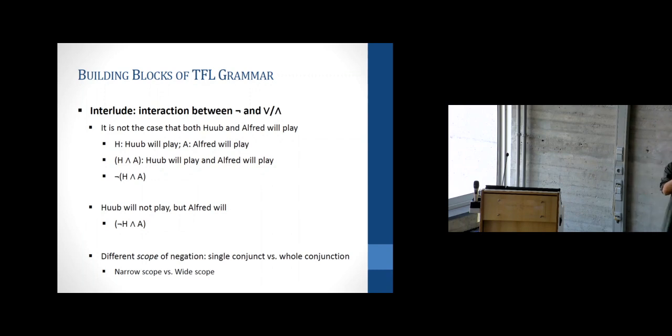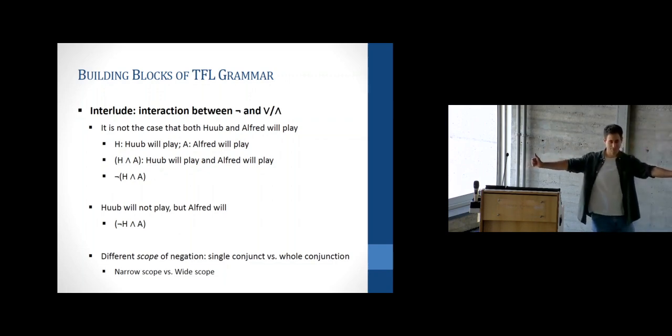You can imagine asking yourself, what does the negation capture? What does it apply to? What is its scope? So in this example, the scope of the negation is only one conjunct, H. And in this example, the scope of the negation is the entire conjunction.